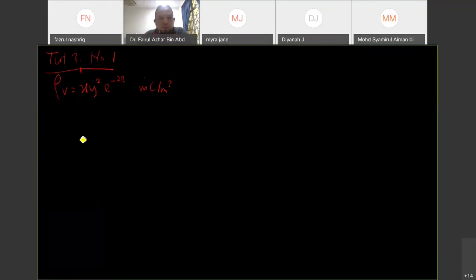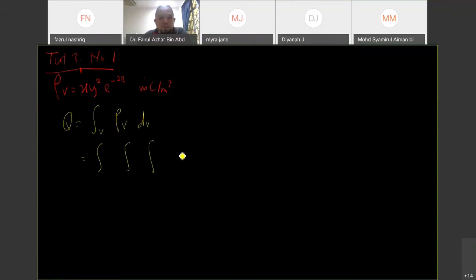In order to solve it, we have Q equal to the volume integration of rho v dv. Because we are performing volume integration, we need to perform a triple integration.